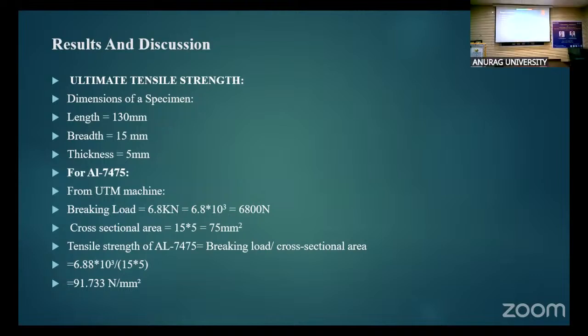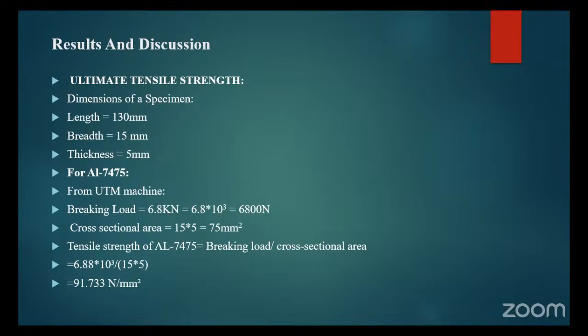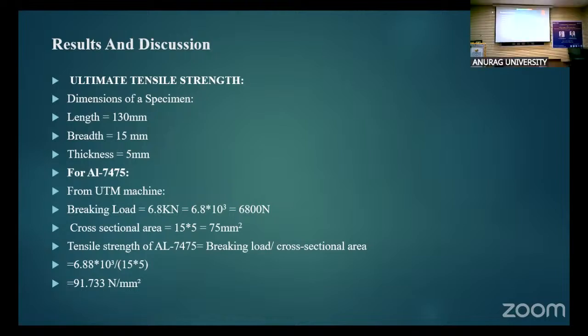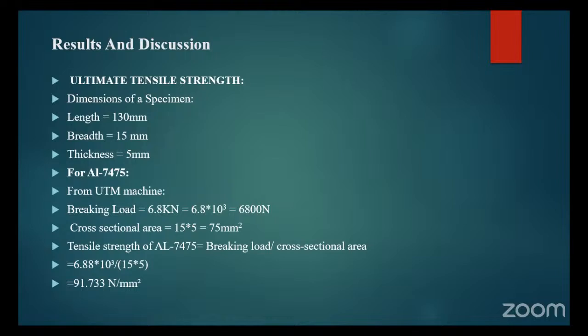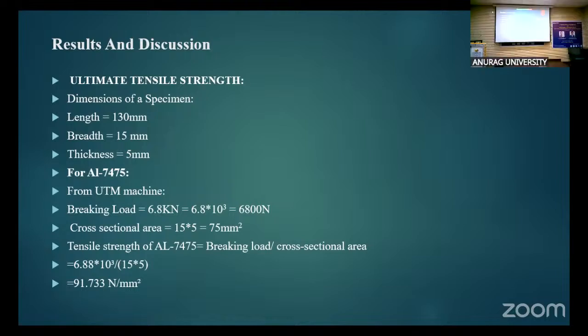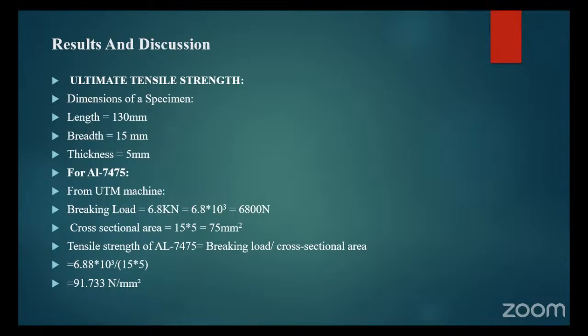I mentioned thickness 5 mm is the total thickness of the material, sir. Throat thickness is 5 mm. Length of the specimen 130 mm, breadth 15 mm, and thickness of the material 5 mm.